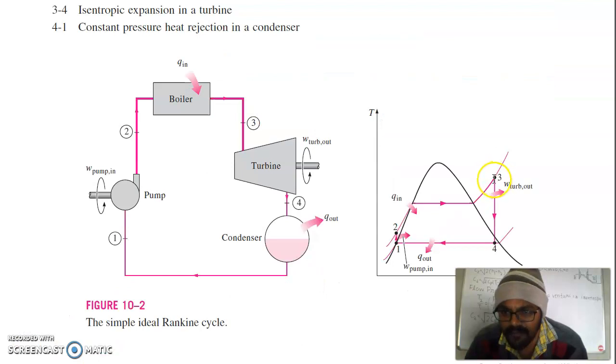So if this is the turbine inlet point 3, which is superheated steam, when you expand from 3 to 4 you will end up near the vapor line, meaning the quality of steam at the turbine exhaust can be controlled, and you can avoid erosion and damage to the turbine.